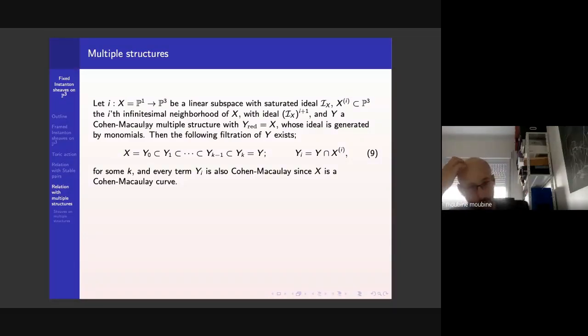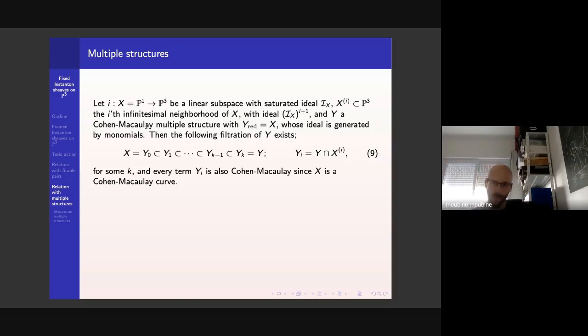This filtration is given by intersecting the multiple structure with the ith infinitesimal neighborhood. And each term in this filtration will be Cohen-Macaulay. This is true for curves, but it's not true in higher dimension.